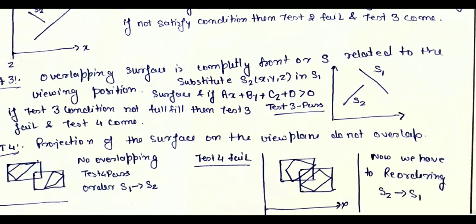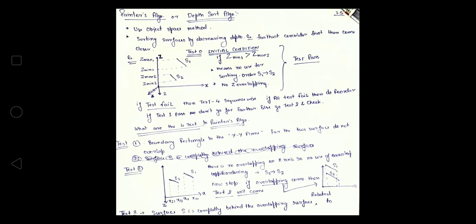It means test 4 fails. Now we have to reorder the S1 and S2 surfaces. Before, we took S1 first and S2 next. Now we reorder: S2 first and S1 next. I hope all of you understand this topic, Painter's algorithm. Thank you.